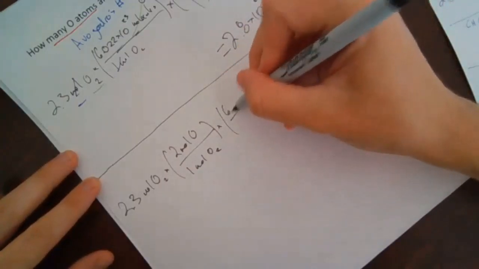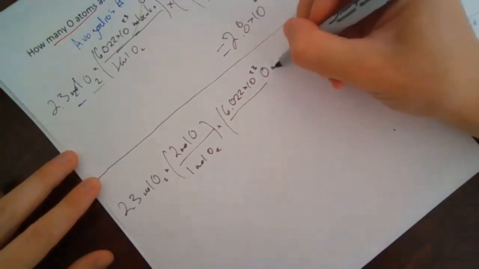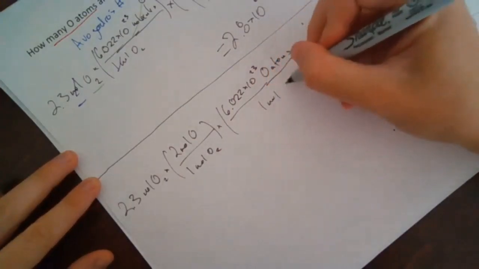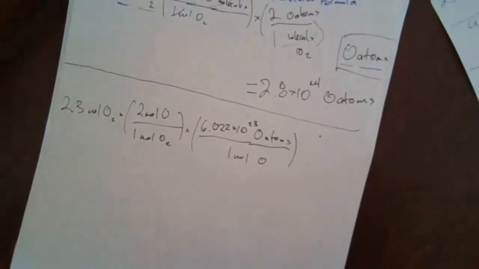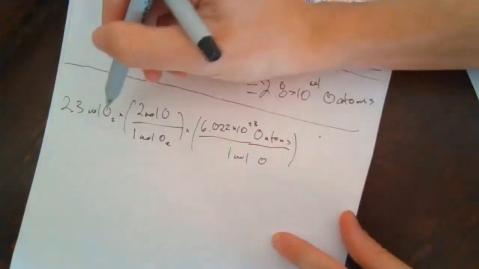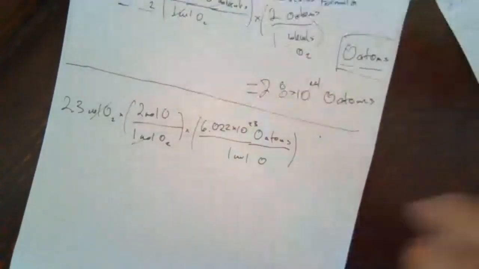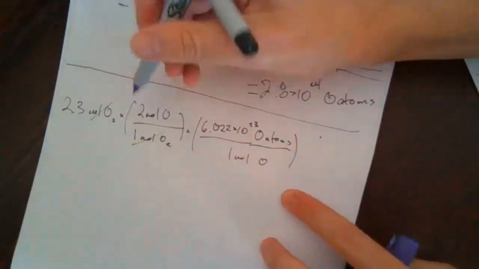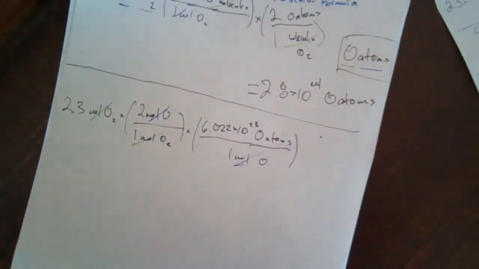And then you can step down, it's 6.022 times 10 to the 23rd O atoms for every 1 mole of O. This is the same idea in that I'm going from O2 to O first, and then I'm going from moles of O into O atoms.